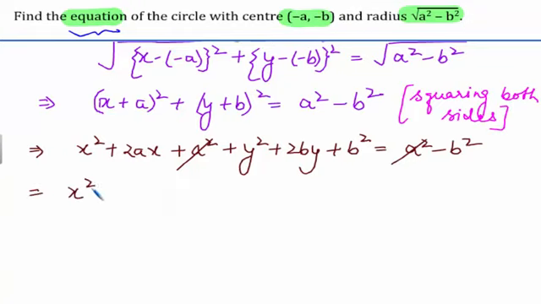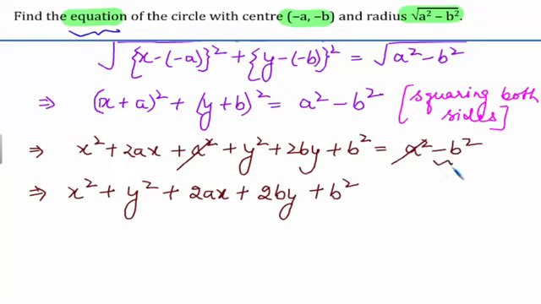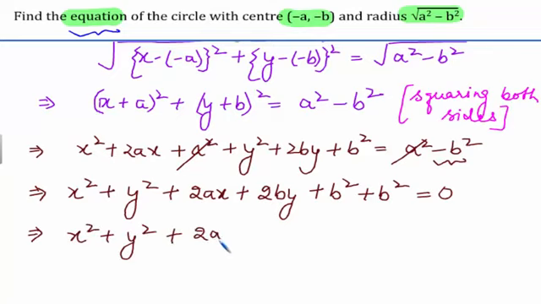So we have x square plus y square plus 2ax plus 2by plus b square, and taking this minus b square on the left hand side we have plus b square. This is equal to 0. So this further implies x square plus y square plus 2ax plus 2by plus 2b square is equal to 0.